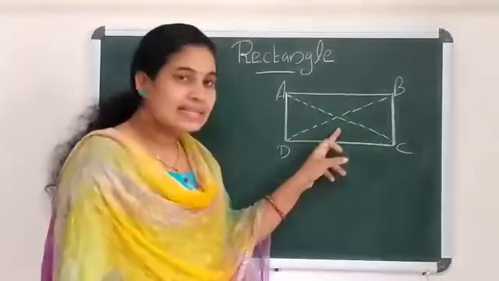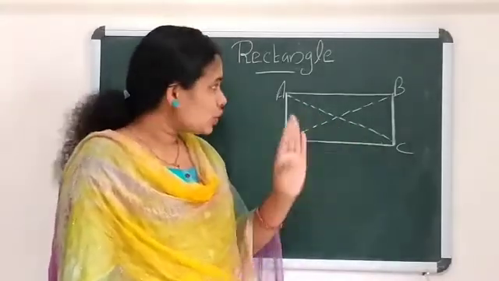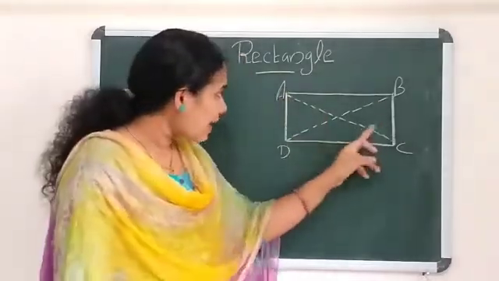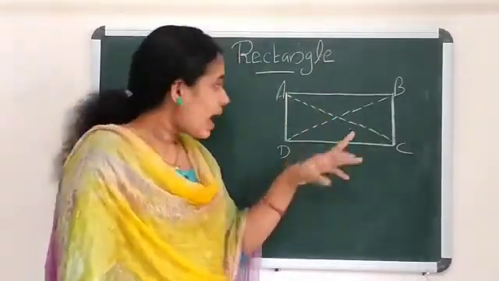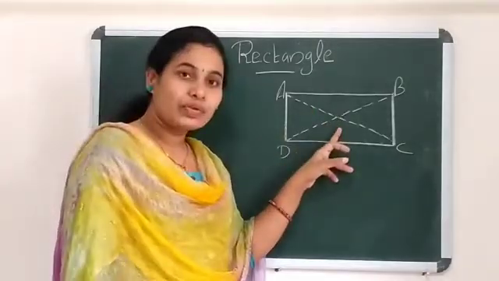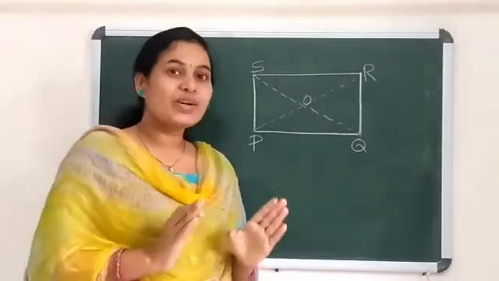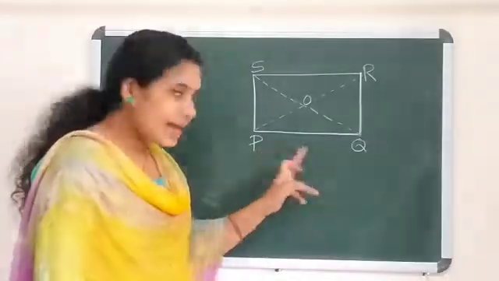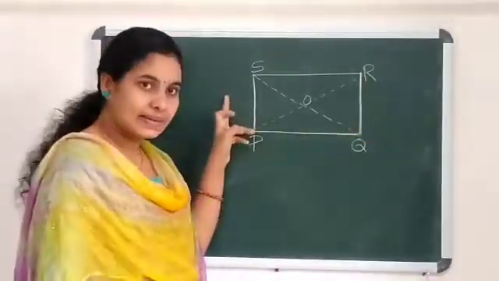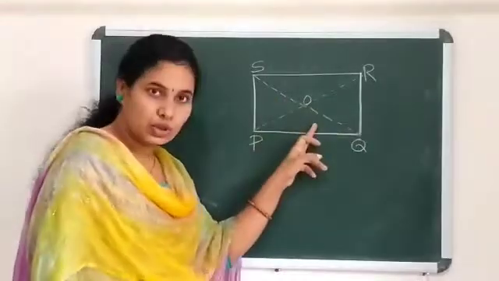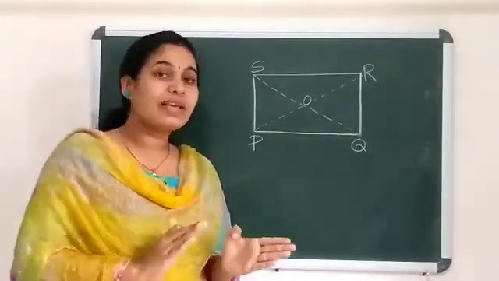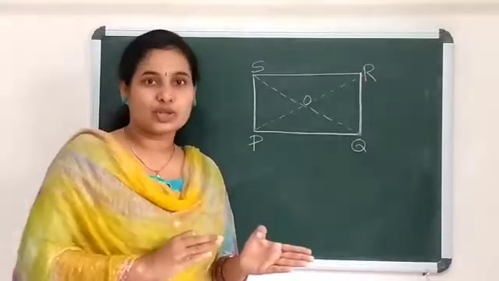So, a rectangle is a parallelogram in which all the angles are right angles and the diagonals are of equal length. Here you can see a rectangle PQRS and its diagonals. The diagonals of a rectangle, besides being equal, bisect each other also.